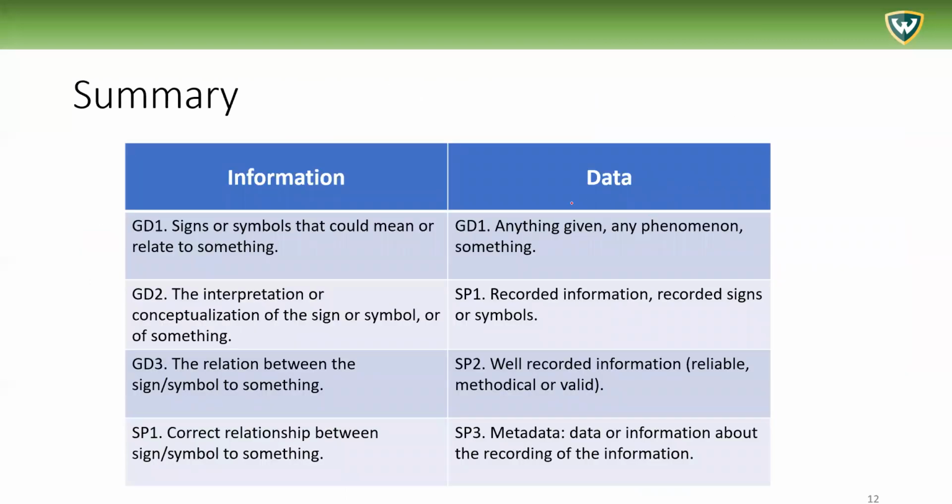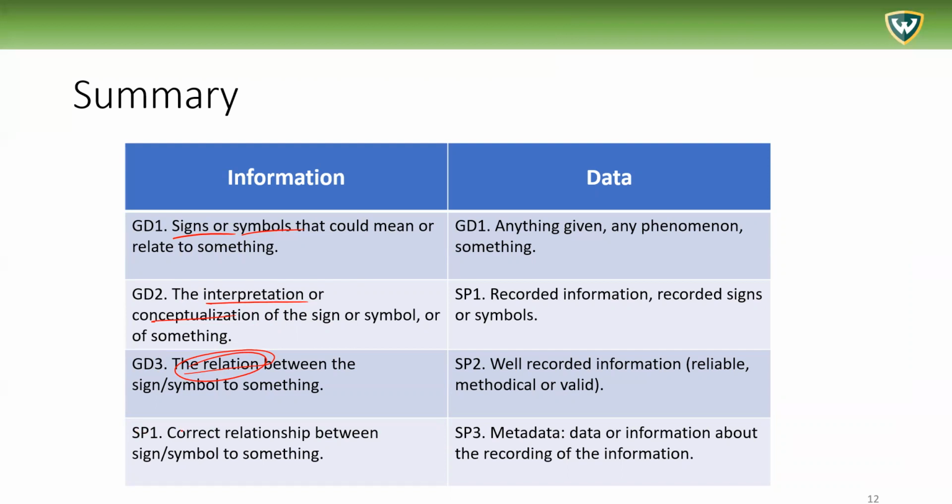So in summary, we have a view of information as the signs or symbols that could mean or relate to something. This is just focused on the signs or symbols. Another general definition is the interpretation or conceptualization of something or sign or symbol. The general definition 3 is focused on the relation itself, thinking about that relationship between the sign or symbol and something.